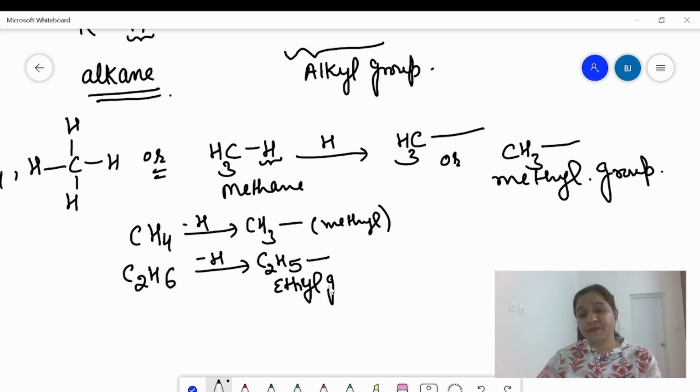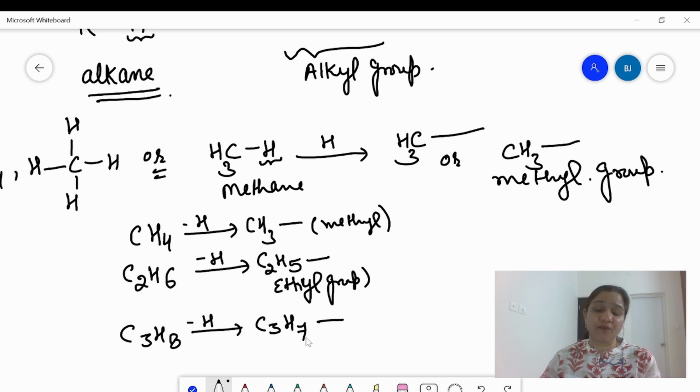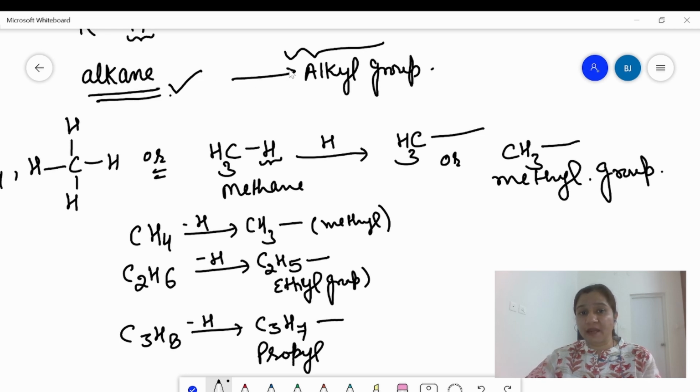If you have C3H8 and remove one hydrogen, you get C3H7, which is propyl. So alkane gives alkyl group by removal of one hydrogen: methane gives methyl, ethane gives ethyl, and propane gives propyl.